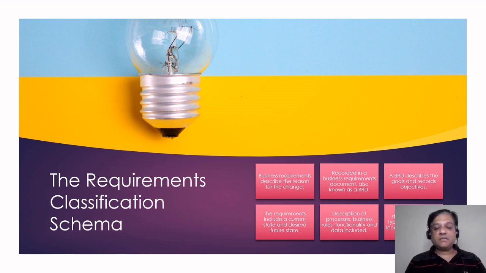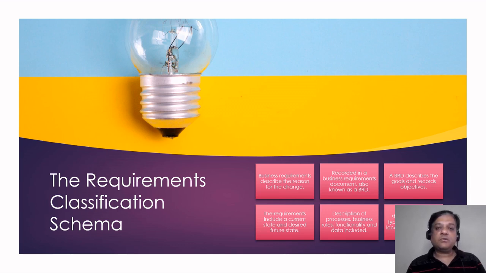The requirements include a current state description and a description of the desired future state. A high-level description of processes, business rules, functionality, and the data are all included. There's also a description of the stakeholders, which includes their type, demographics, locations, and contact information.